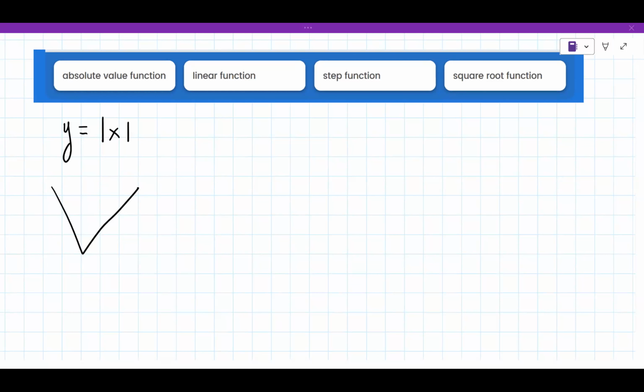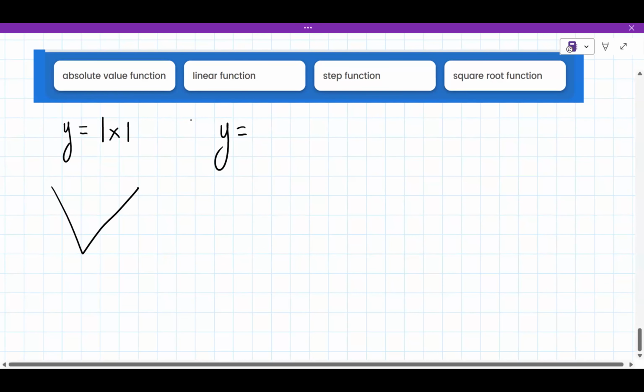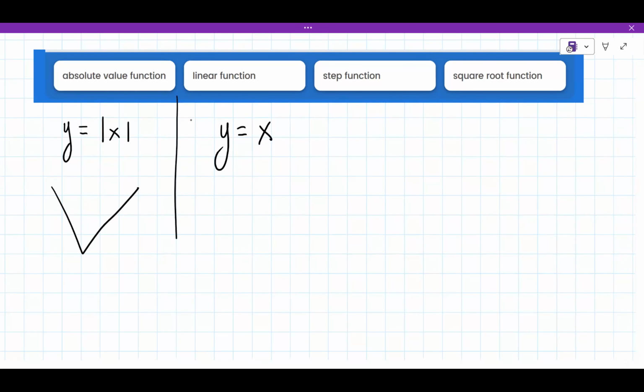Let me try something real quick. Okay, for this next one, let's just type in y equals that. Could you graph that for us, please? Sure.